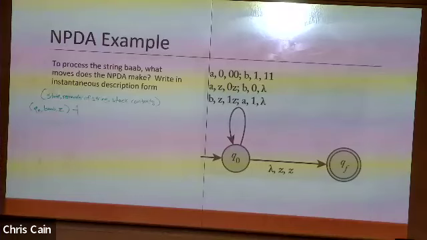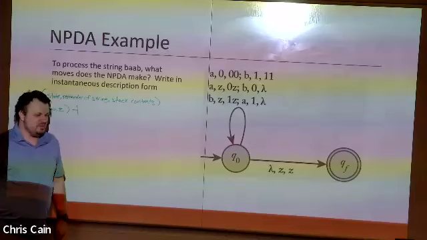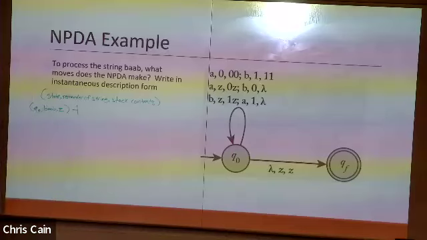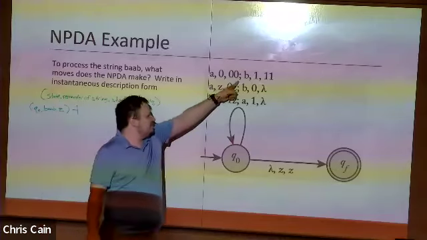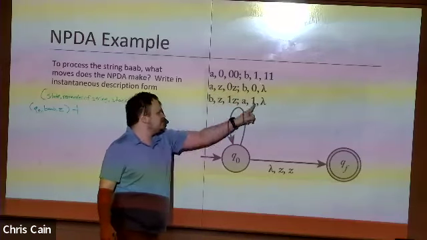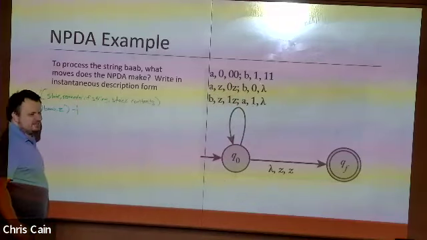What is the next description? So what happens from Q0 when we parse a B? Via which possible transition? We have 6 of them here: 1, 2, 3, 4, 5, 6. Which rule are we applying?